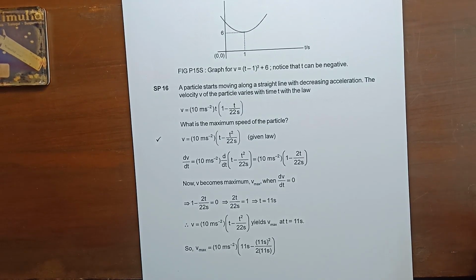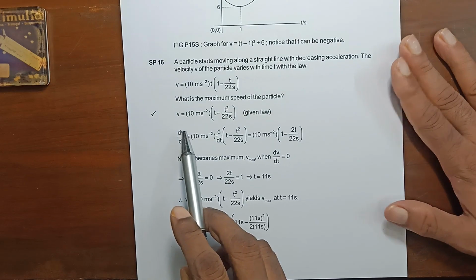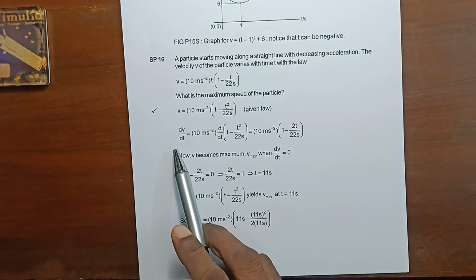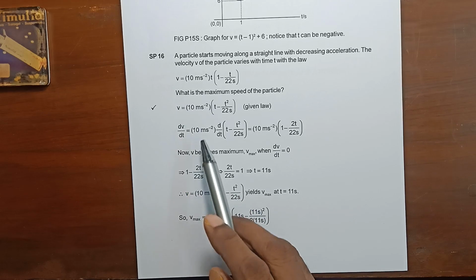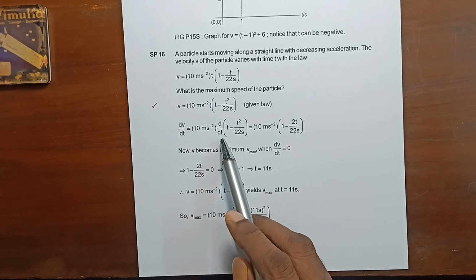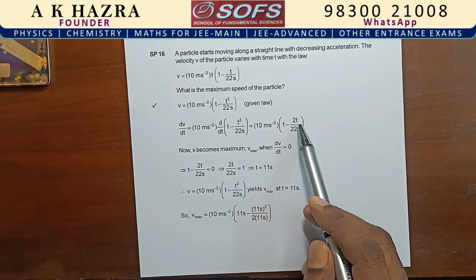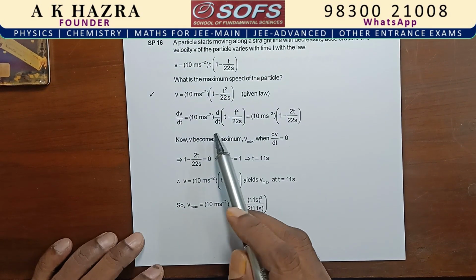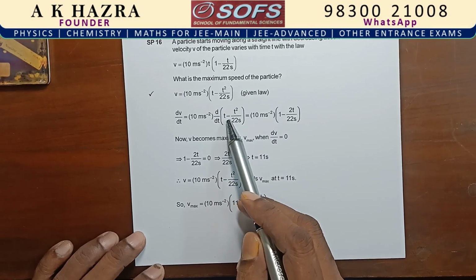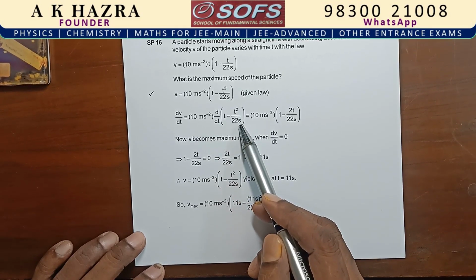Once the acceleration dies down to 0, velocity becomes maximum there. That property I have used here. You see, v is given in the problem. Let us find dv/dt using this property.